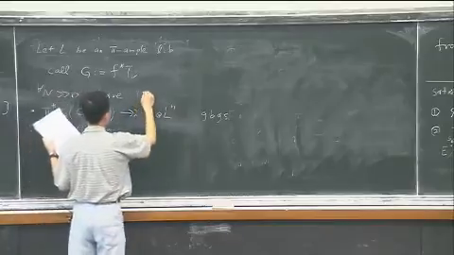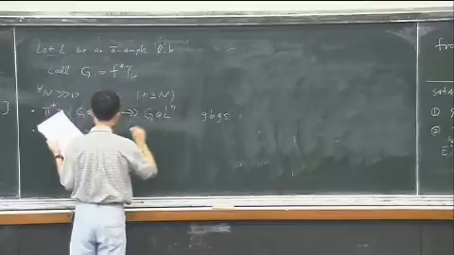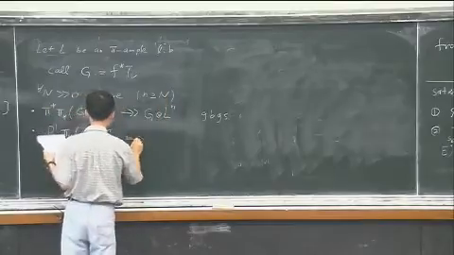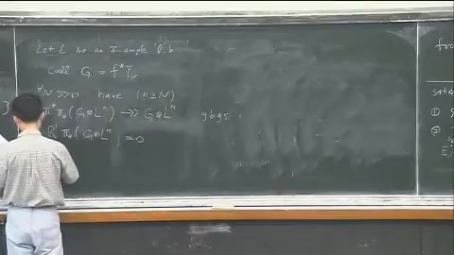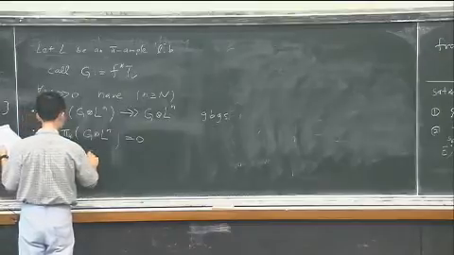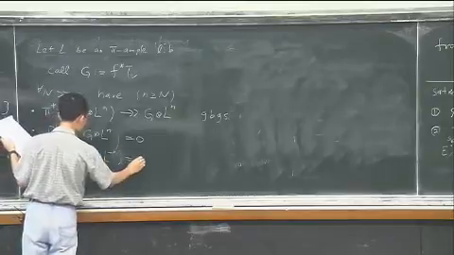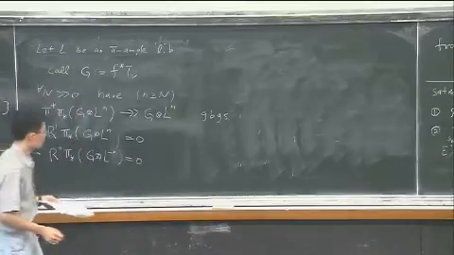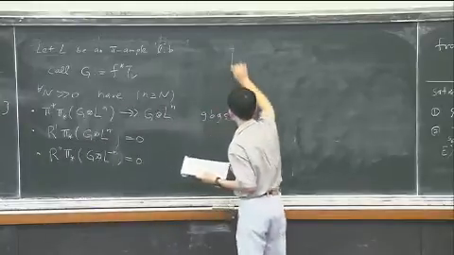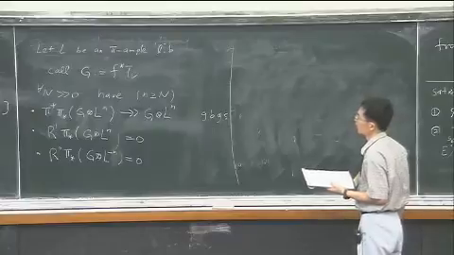We have for n large, R1 of this is equal to 0, because I take any pi-ample line bundle, then I can do that.